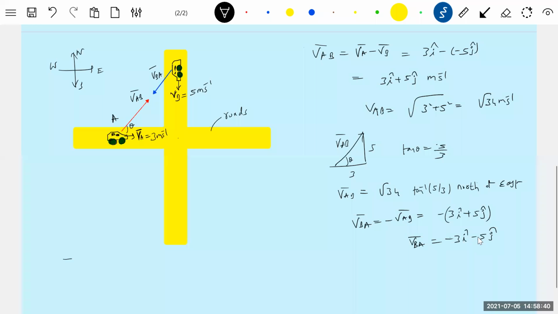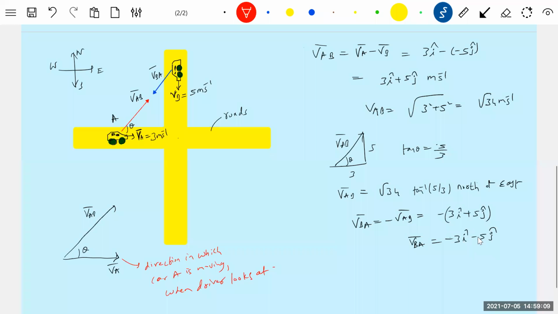So here, what is this VAB bar and VA bar? Shall we call this the direction in which car A is moving when the driver looks at the road?